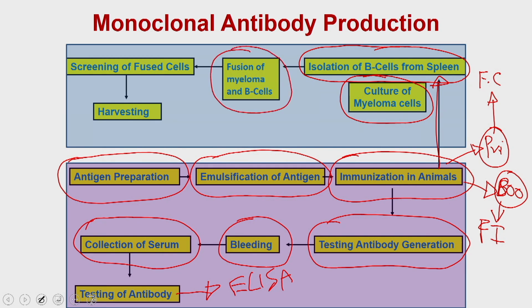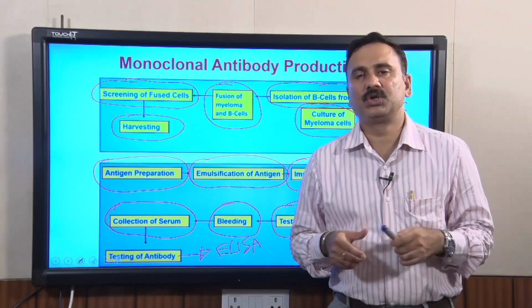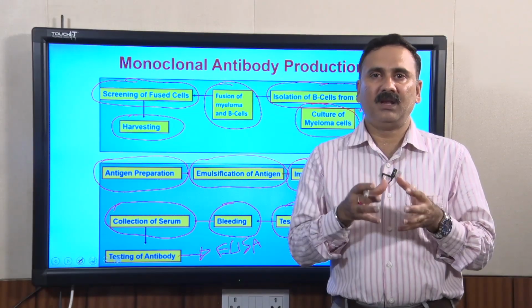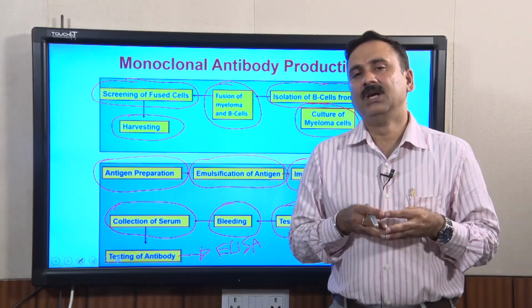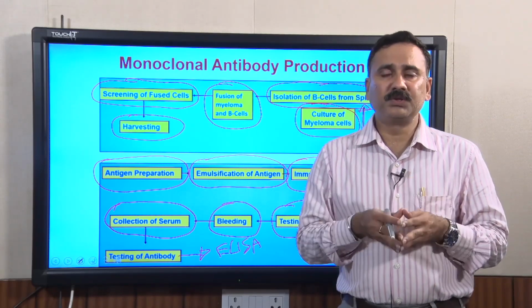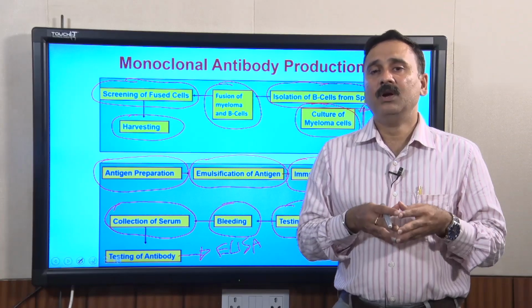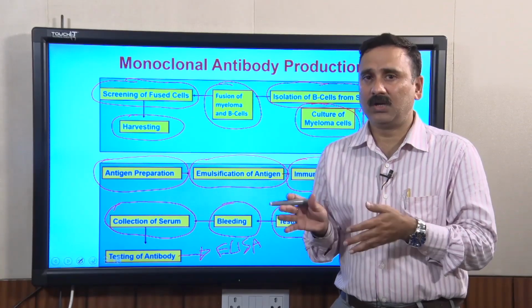In the fusion reactions, you are going to do a lot of different steps, and once the fusion is done, you are going to screen the fused cells, which are called hybridomas. Once you get your desirable hybridomas, you can harvest the antibodies from them. So, once you are sure that an animal is immunized and the antibodies are being produced, this means the animal is good enough to be used for production of monoclonal antibodies.